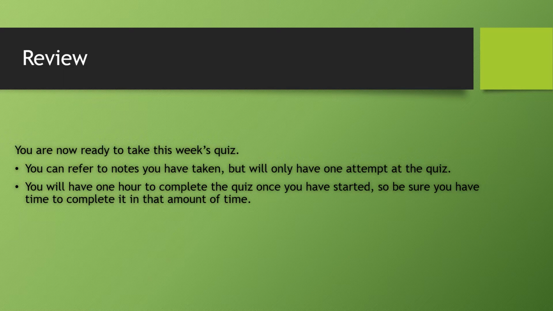But make sure you've got a clear hour so that you will not get in the middle of it and then have to stop for some reason and not be able to complete it within the hour. And so the only part that you have done will actually be graded in the quiz, and everything else will be counted as wrong responses. So please remember that. And I look forward to being back with you next week as we continue our study in English 102.